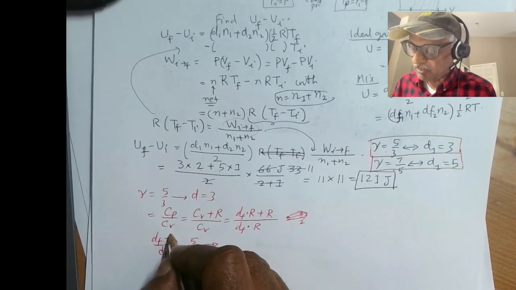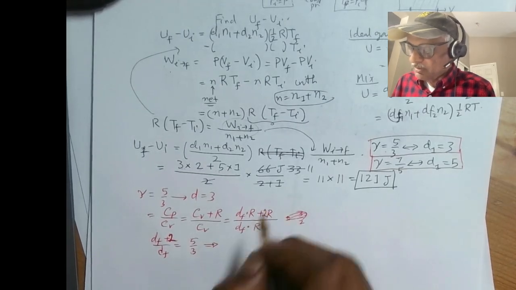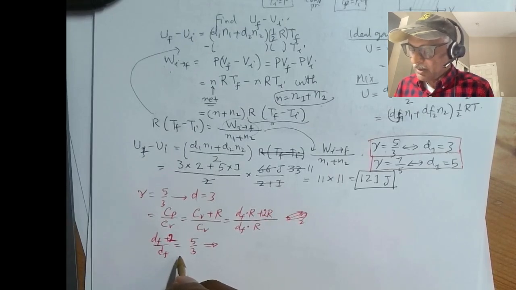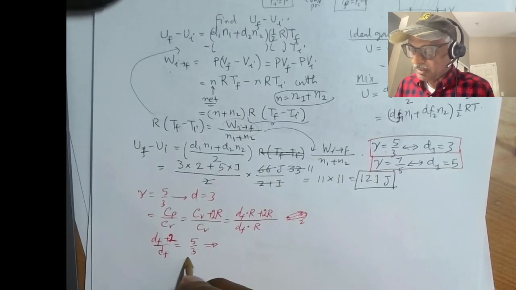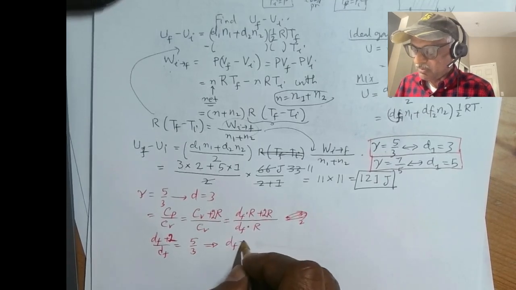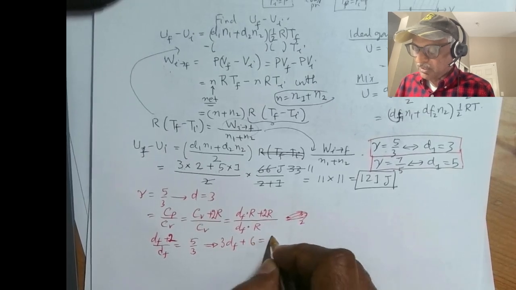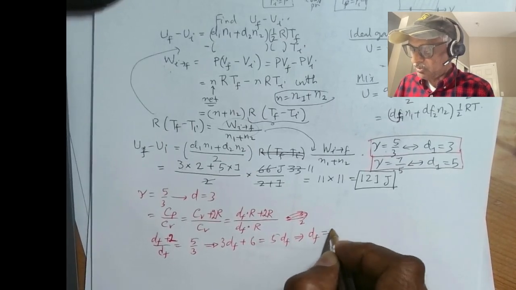You have to add 2 here because of, yes, 2R. Okay, so from here you can see that 3dF plus 6 equals 5dF, so dF equals 3.